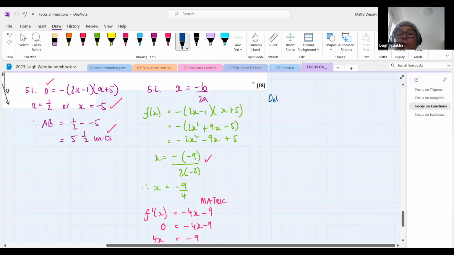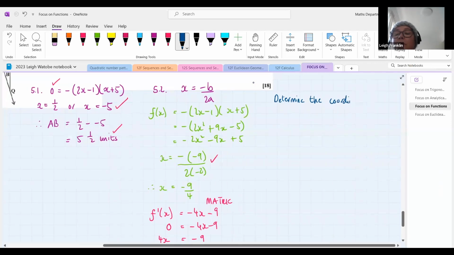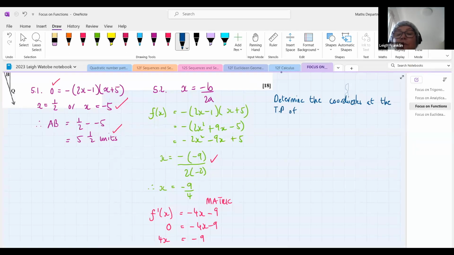So when you want to determine the coordinates at the turning point of a parabola, there are only four ways to do it.